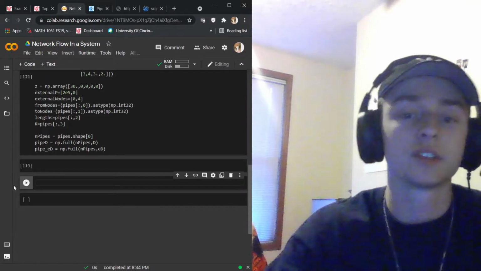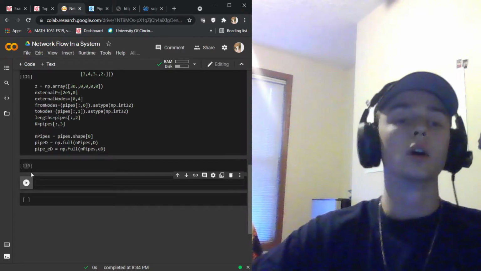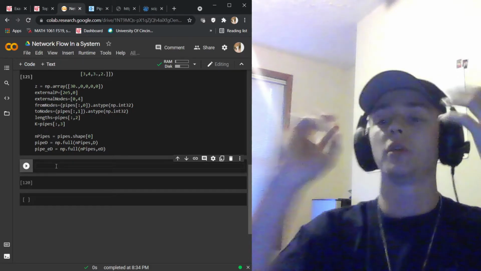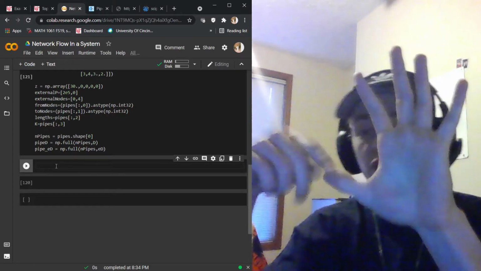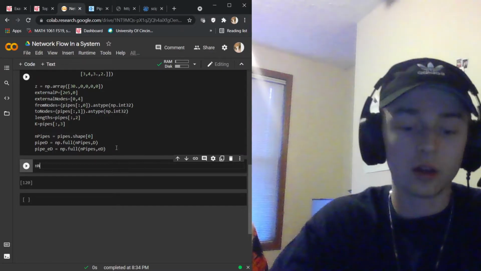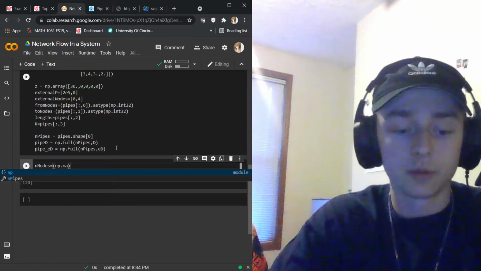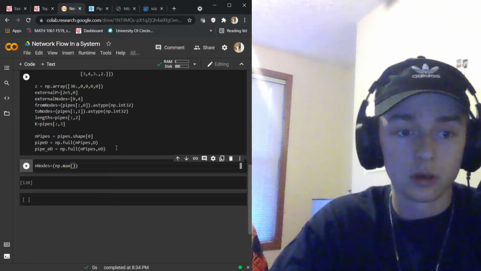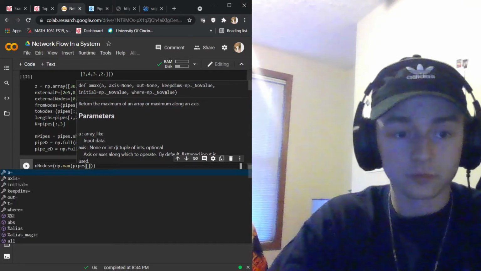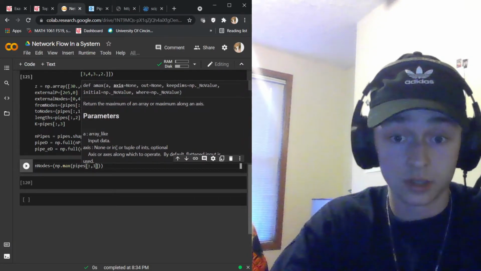The next thing we need to do is express the number of nodes we have in the system. We know that we have 5 total nodes: nodes 0, 1, 2, 3, 4, 5. So we're going to tell Python Colaboratory that we want the maximum number from our array, and we're going to index our 2 nodes.